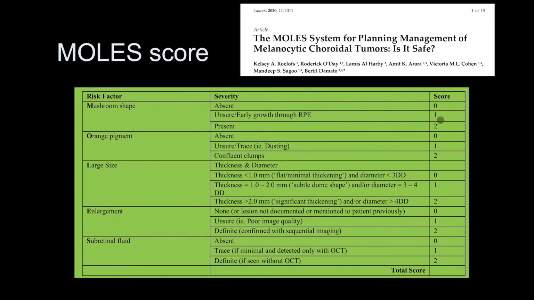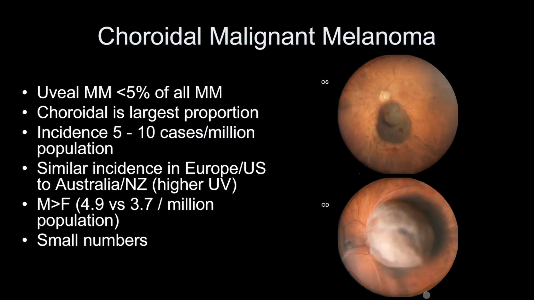And on each feature we give a score and give a total score, low score being just moles. An intermediate score can indicate a suspicious mole, and then a higher score indicates melanoma.